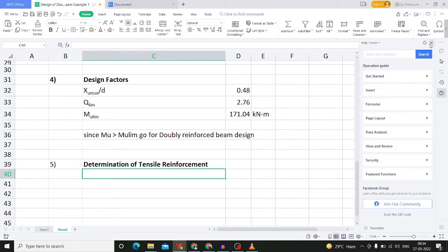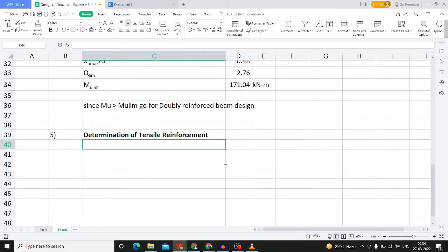Now we will deal with the design of tensile reinforcement. You see that we are dealing with simply supported beam. In simply supported beam, the tensile reinforcement are provided at the bottom because tension is at the bottom. And you also see that we are dealing with doubly reinforced beam design.